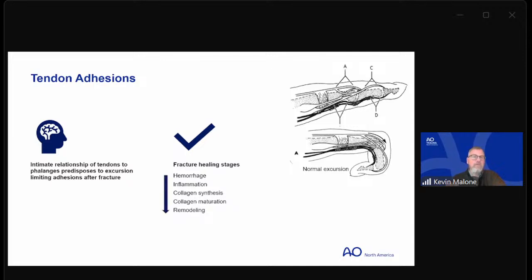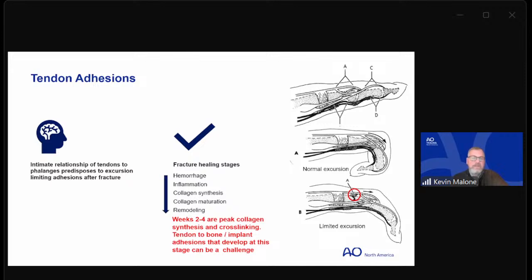We all know, or we should know, the stages of fracture healing: from hemorrhage to inflammation, collagen synthesis, maturation, and remodeling. And weeks 2 to 4 are the peak of collagen synthesis and cross-linking, which results in a big potential for tendon to bone or tendon to implant adhesions that can develop during this stage.